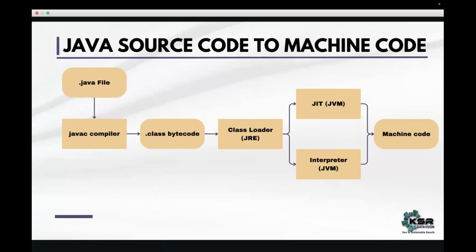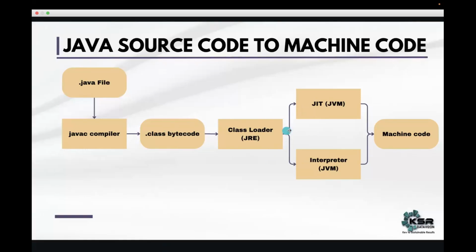So the compiler's job is to convert into bytecode in case of Java. In case of C++, the compiler will directly convert into machine code. Here the compiler's job is to convert it to bytecode. Now in the JRE, JVM, there will be a bytecode verifier that will verify this. That step I haven't added here.